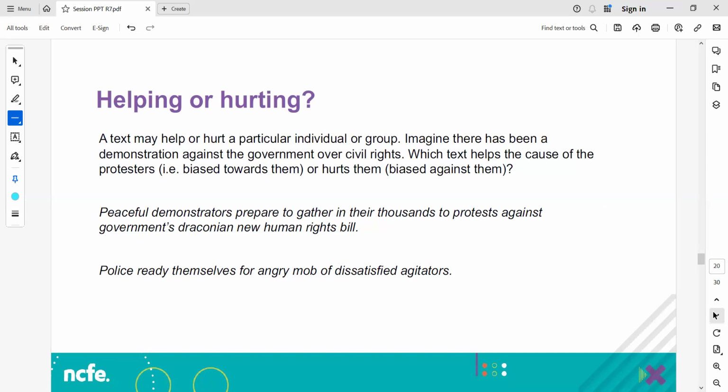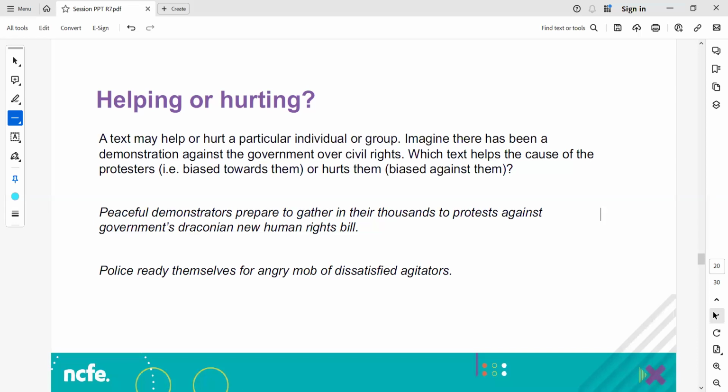So which of those two sentences is biased towards the protesters, so that the reader has sympathy with the protesters? Is it the first or second one?